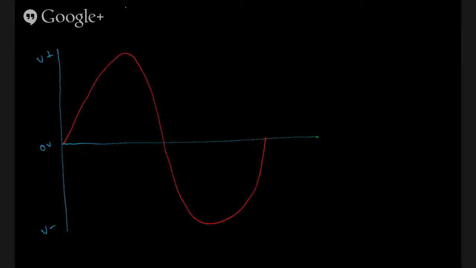Not a great negative cycle, but oh well. All right, and we'll take our RMS value. It's about there. So our effective voltage or effective current.